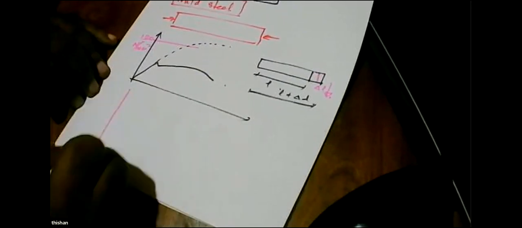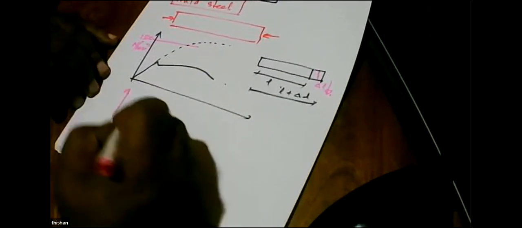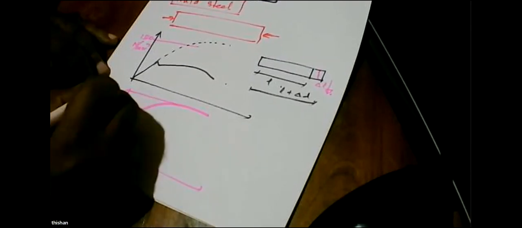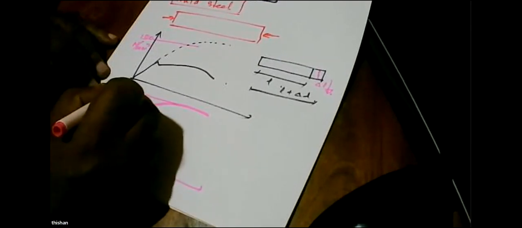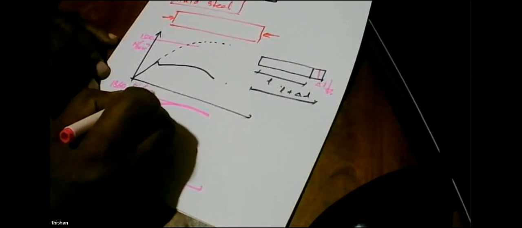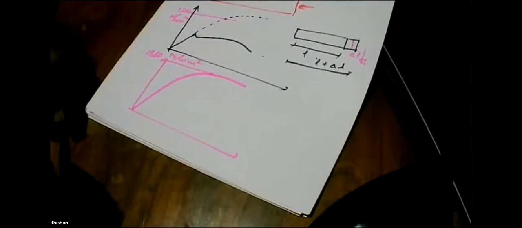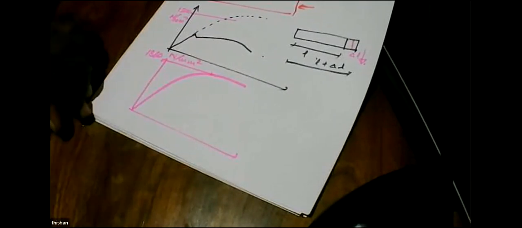So initially they went for something like 1,500 newtons per millimeter square, and later today we have steels going up to 1,860 megapascal.